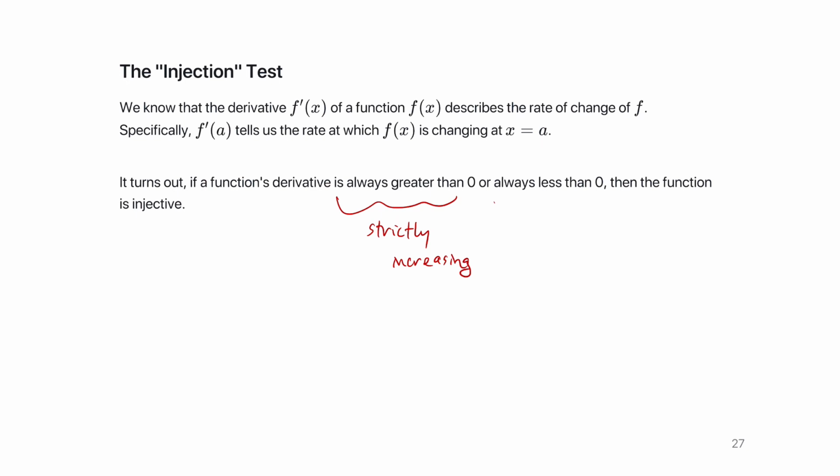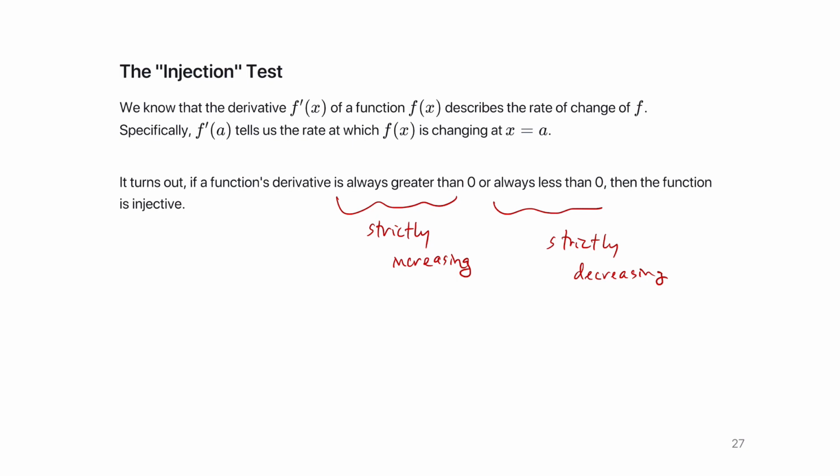And if it's always less than 0, we can say it's strictly decreasing. And if it's one of these two things, it's never going to reach a local maximum or local minimum and change directions. So that means every output will be unique. Is that sort of clear?